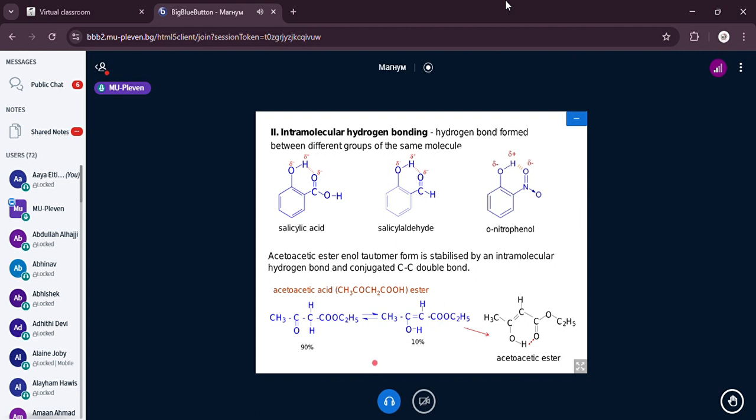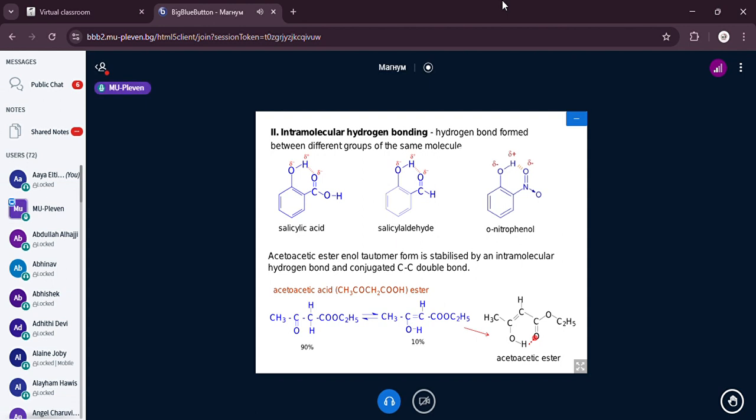And here it is shown that the enolic structure exists in equilibrium with the keto form, about 10%. The reason for this is formation of a hydrogen bond between this oxygen, the carbonyl oxygen, and the hydrogen of the enolic hydroxyl group.